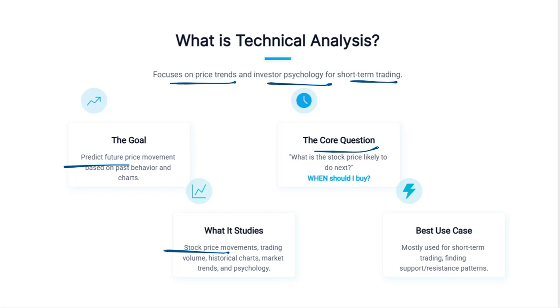So the core question here is, when should I buy, or what is the stock price likely to do next? The best use of technical analysis is for short-term trading, finding patterns in the stock price movement.